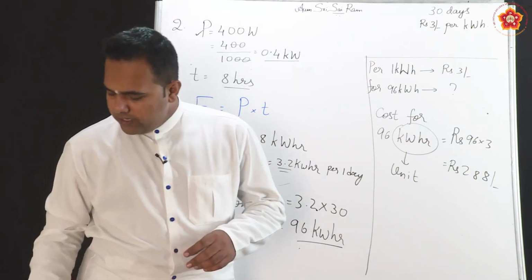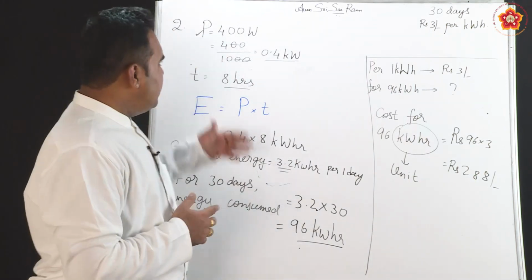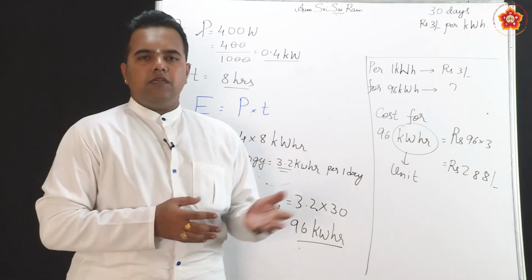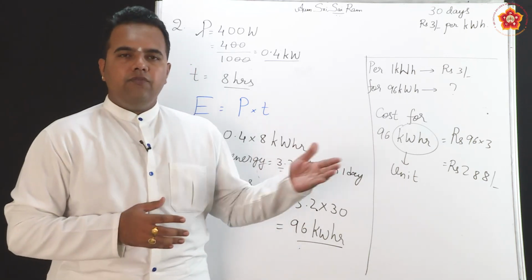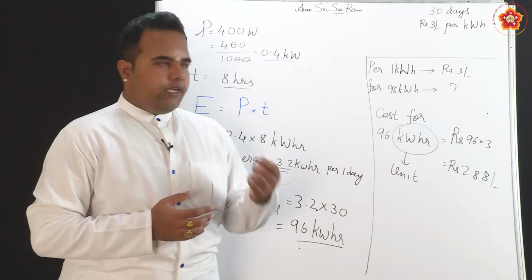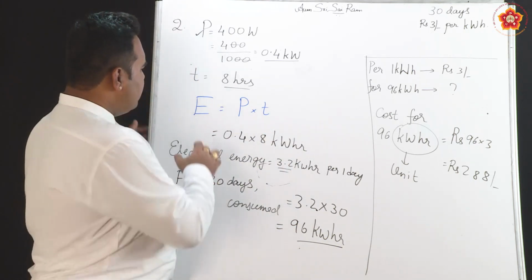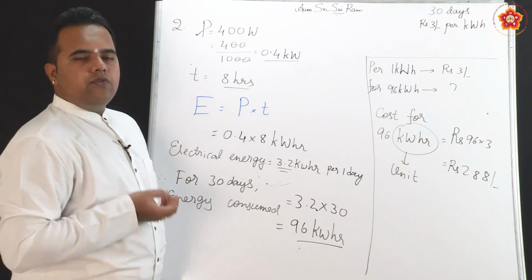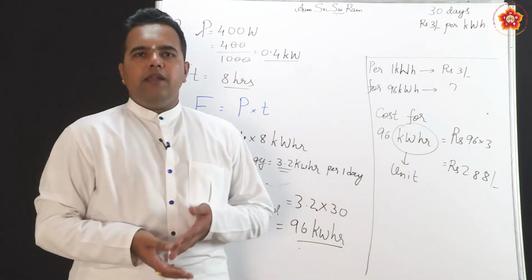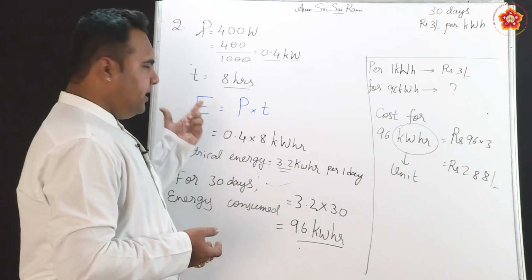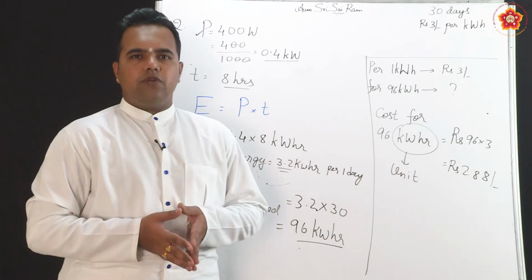Because one component is given for us, the refrigerator, we have calculated power. In some of the numericals, they give 4 or 5 components, and for each component you should calculate what will be the total electrical energy. So, for component 1, component 2, 3, 4 we know the total electrical energy is adding E1 plus E2 plus E3 plus E4.